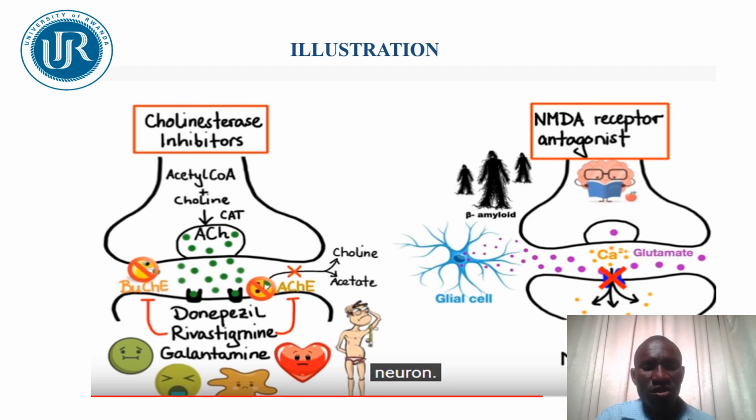As an illustration, we can see the cholinesterase inhibitors like donepezil, rivastigmine, galantamine. We can also see the NMDA receptor antagonist known as memantine, used for the management of Alzheimer's disease.